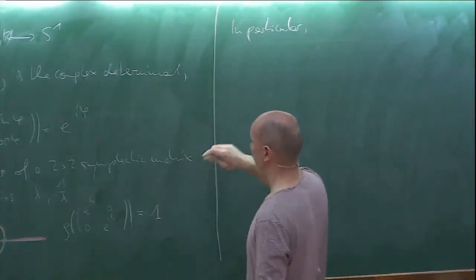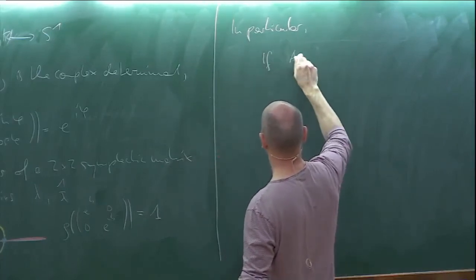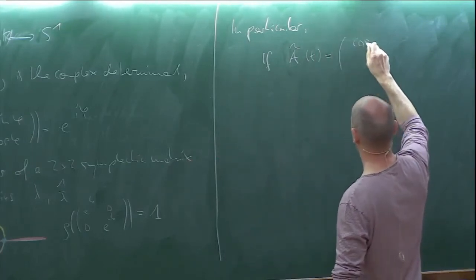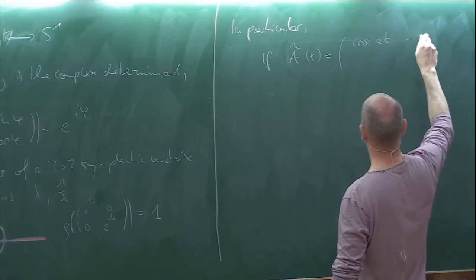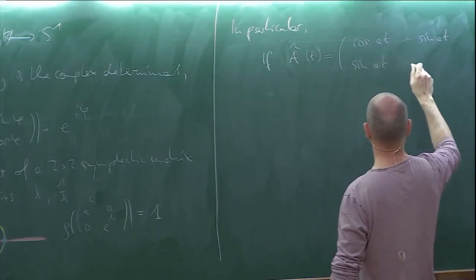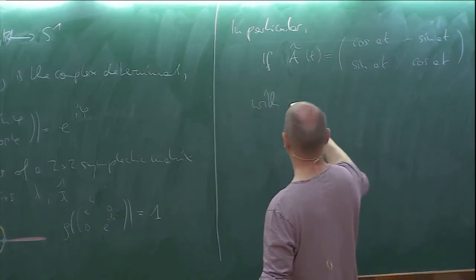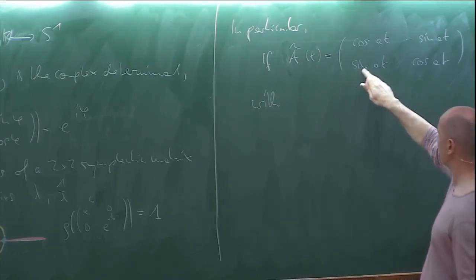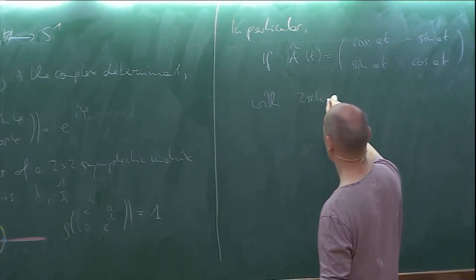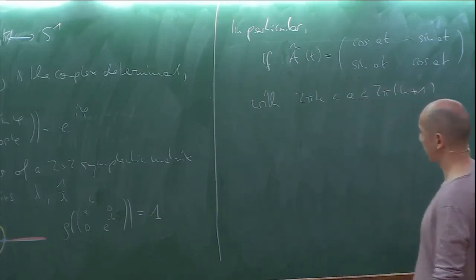In particular, if a tilde of t is something of the form cosine at, minus sine at, sine at, cosine at, well, the endpoint shouldn't have 1 as an eigenvalue, so a should not be a multiple of 2 pi. So let's assume a is between 2 pi k and 2 pi times k plus 1.